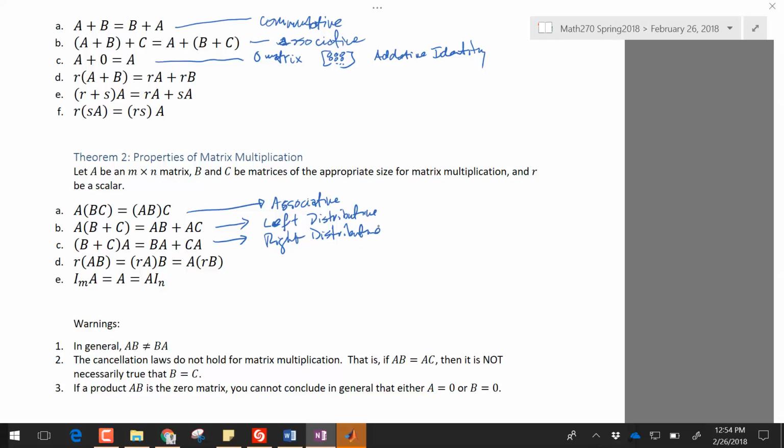We're doing a distribution where the matrix multiplication is coming from the left side, and then the other one is a matrix multiplication where the multiplication is coming from the right side. And because matrix multiplication is not commutative, we have to acknowledge those two different ideas separately.